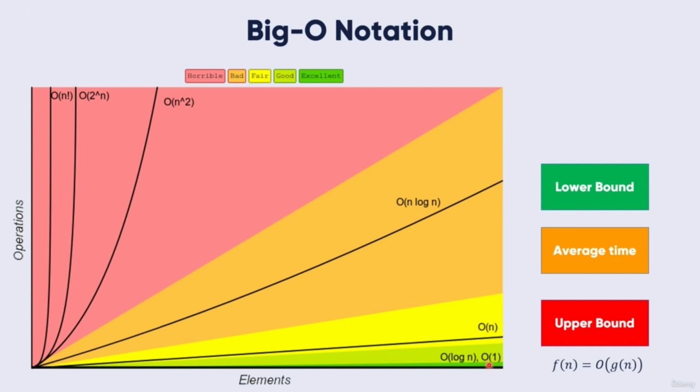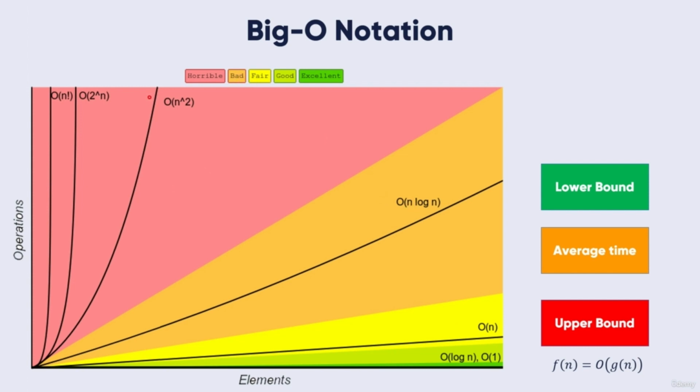So see, guys, we are moving from linear O of n to n log n. You see the difference here. O of 1 is excellent, log n is good, and O of n is fair. These algorithms are good, while n log n is bad.